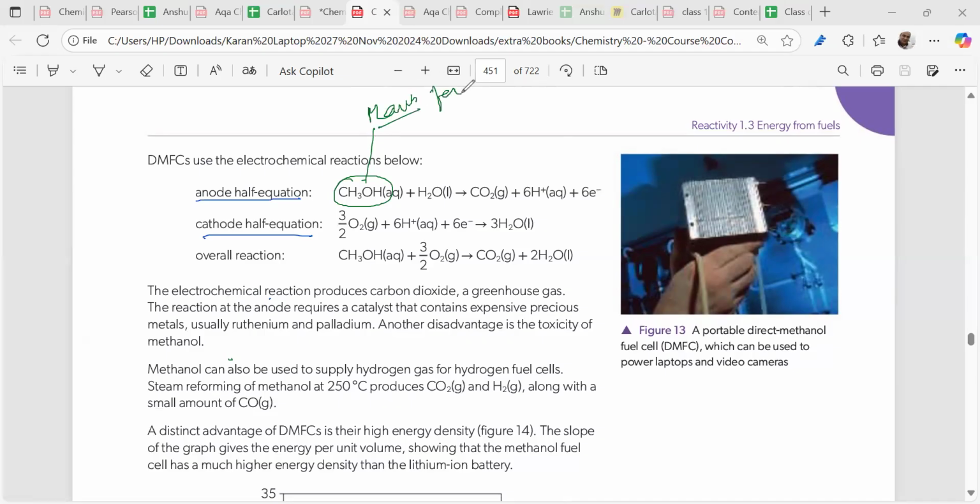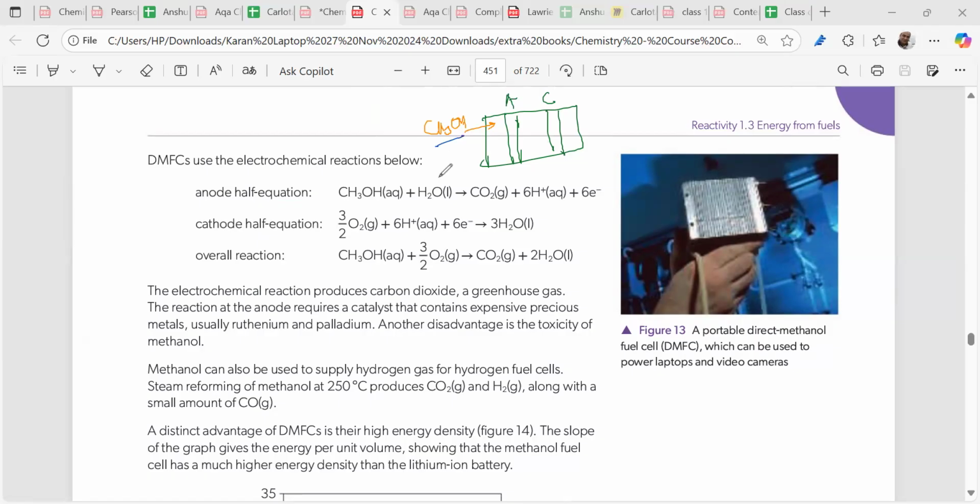In the anode, we take in the methanol. Now, when we take methanol in the anode, what happens next? It will react with water to give you carbon dioxide plus 6H+ plus 6e-. In between the two electrodes, we are taking what?